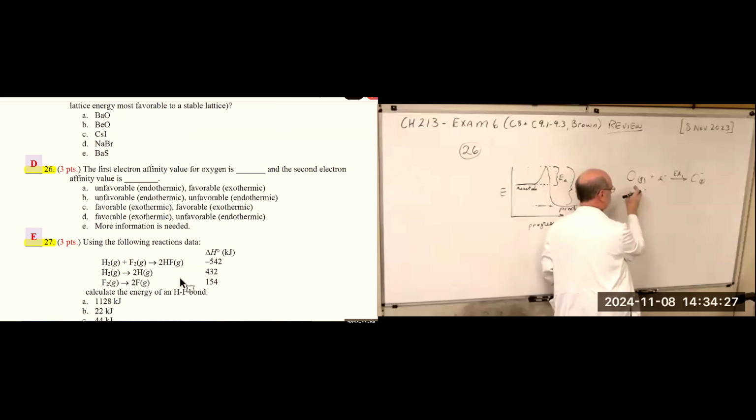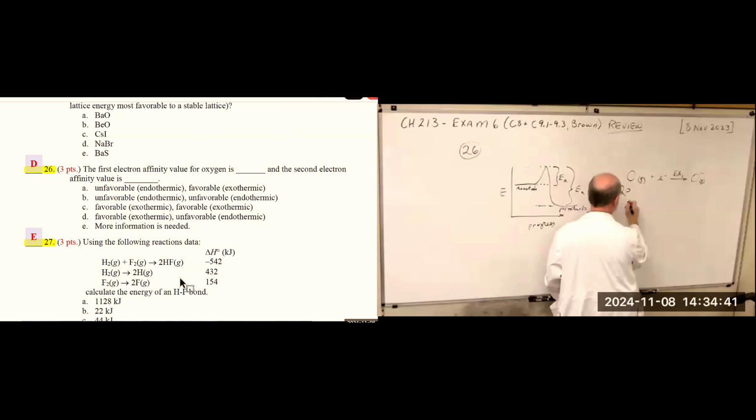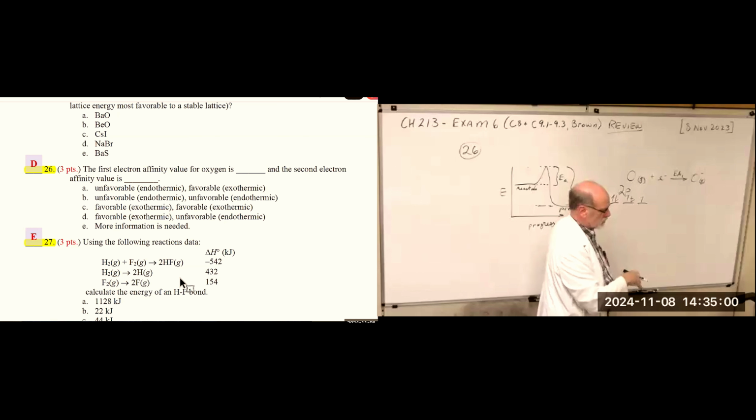This is neutral, and it has 2 orbitals that are not occupied in the 2p. So it's got room for another electron. We put an electron in here. So that should be exothermic, favorable.